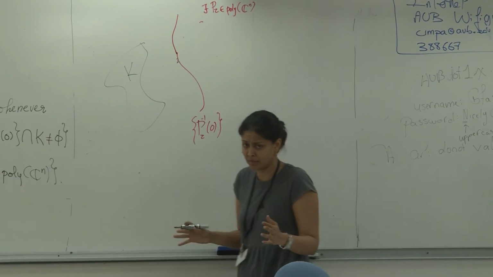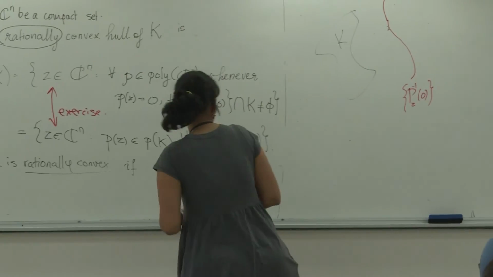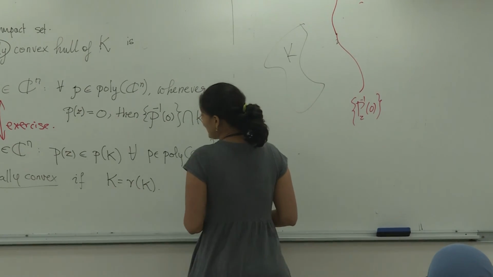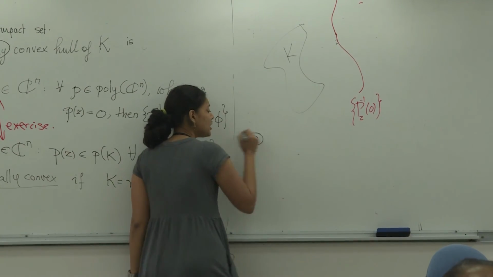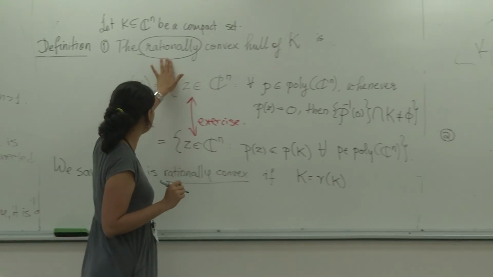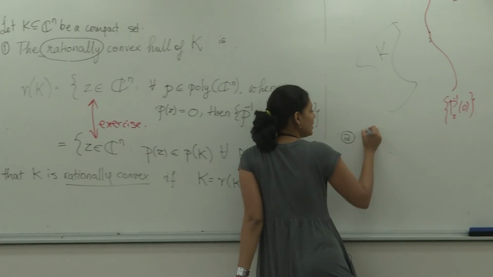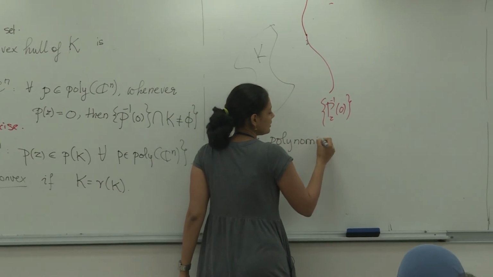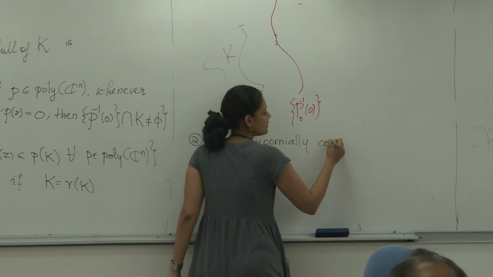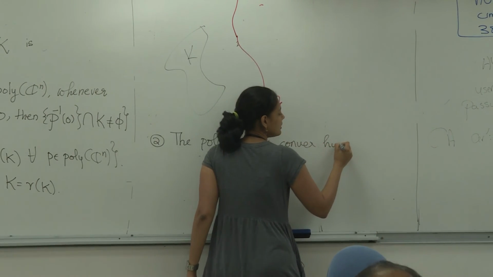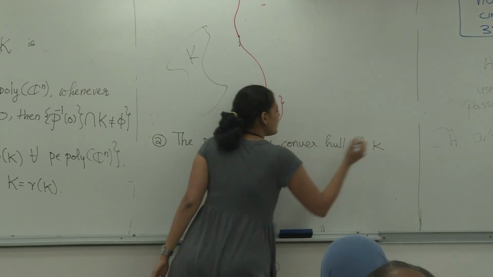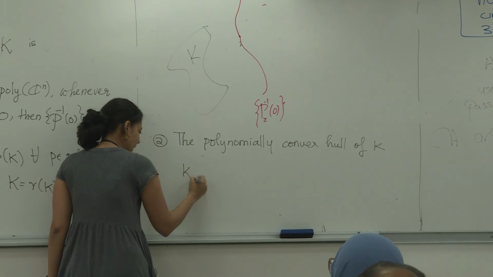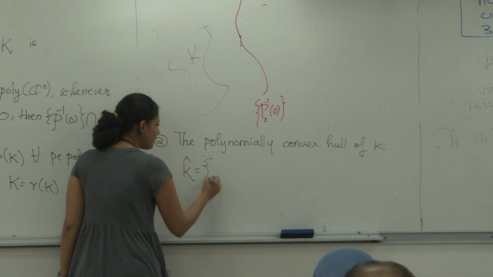Okay, so this has something to do with approximation, which I will not tell you right now. And then there is a version of this for polynomials. So the polynomially convex hull of K is the set, and here I'll use K hat. The notations do vary in the literature.